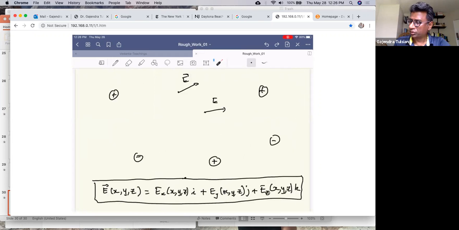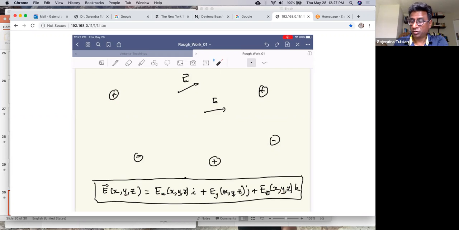So you had a bunch of charges that created an electric field in this region. We wanted to know the electric field in this region. To specify this electric field is a vector valued function. You'd have to specify these three functions.